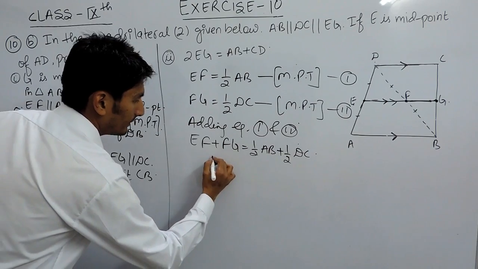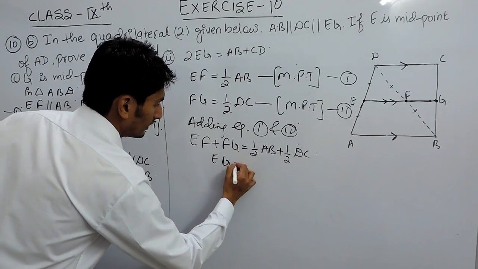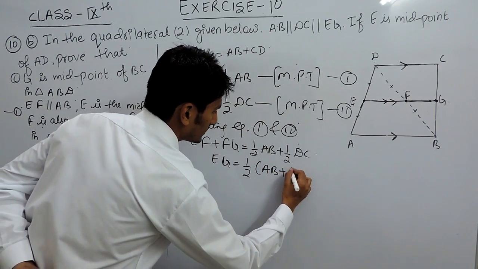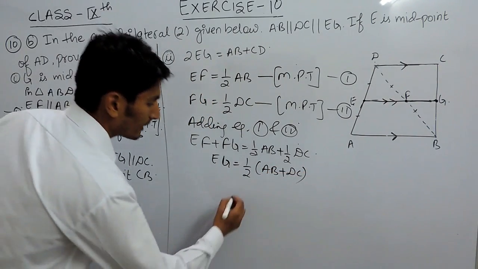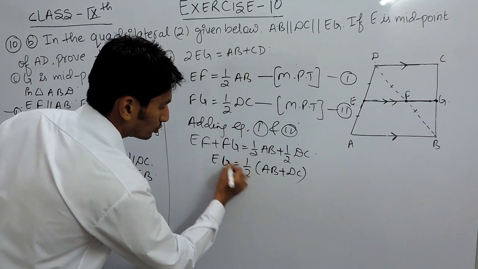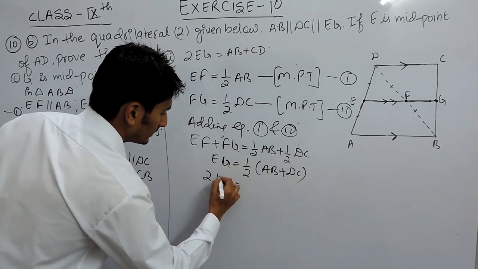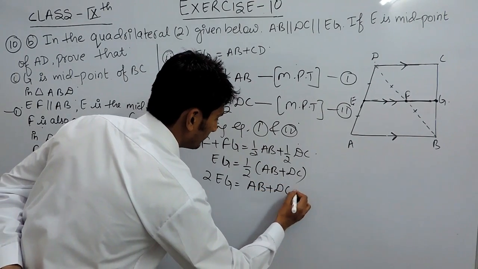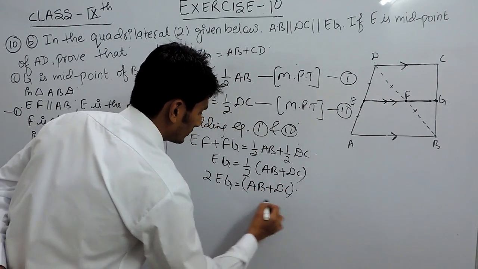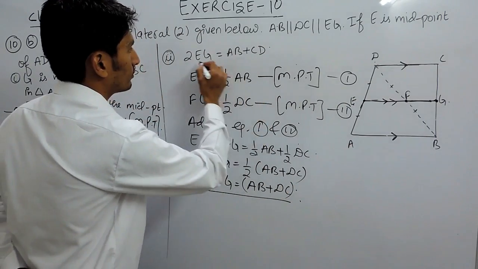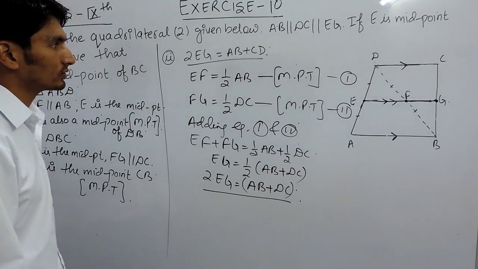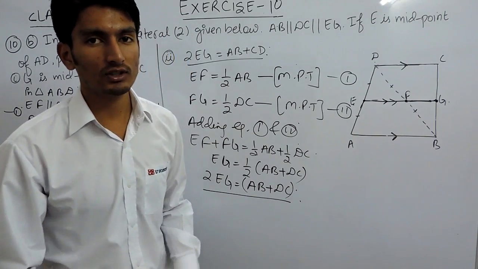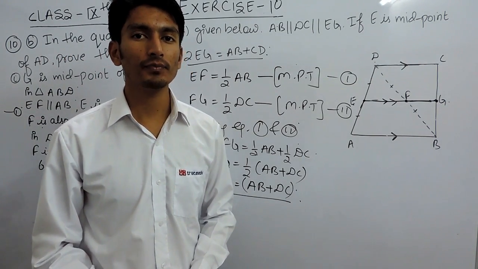So this becomes EG equals half, taking half common, of AB plus DC, which remains inside the bracket. If I cross multiply, the 2 multiplies with EG, and AB plus DC remains inside the bracket. So this is what we had to prove, that twice of EG is equal to AB plus CD. So this is how you can solve this second part.